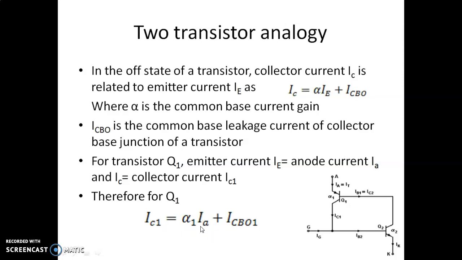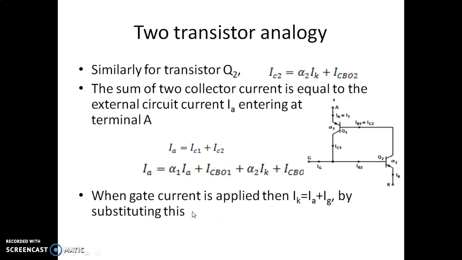We have replaced the emitter current by IA because the emitter current is the same as IA here. For transistor Q2, IC2 is equal to alpha 2 into the emitter current, which is IK here, plus ICBO2. This is the second transistor Q2, where IC2 is equal to alpha 2 into IK plus ICBO2.